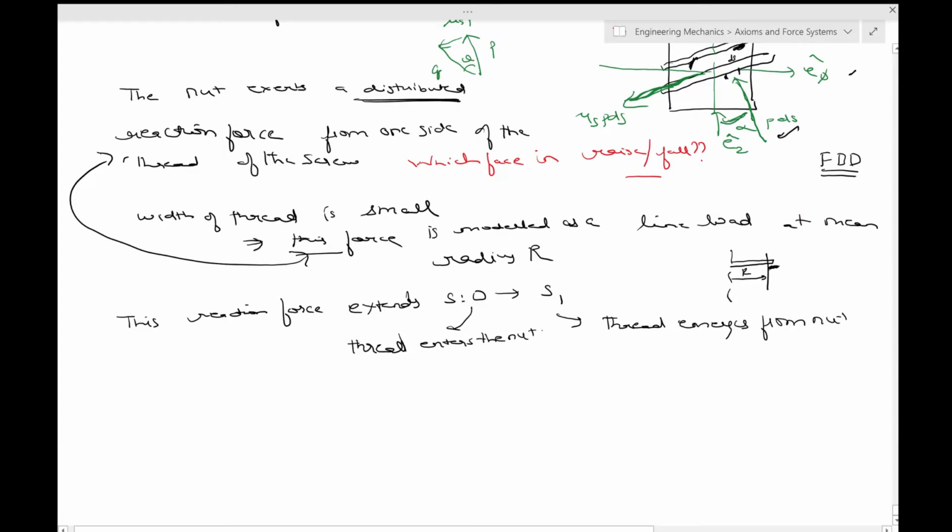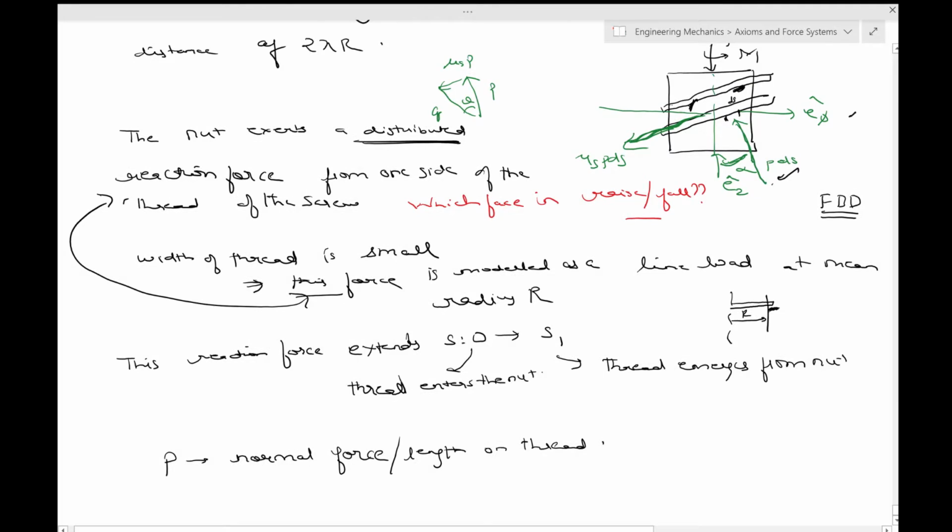So p is clearly the normal force per unit length on thread. We have already shown that over here. So this makes an angle alpha with the axis of the screw. The axis of the nut is also the same.